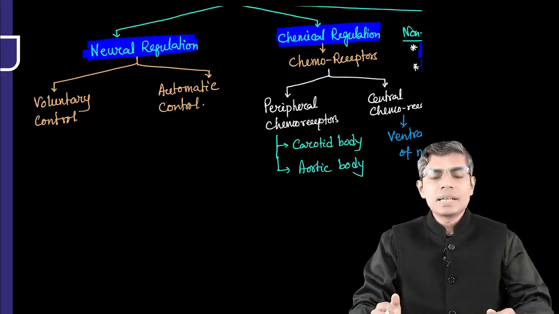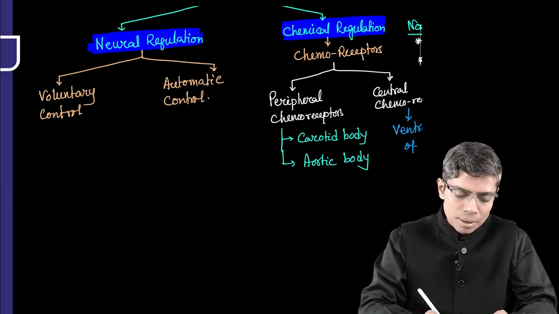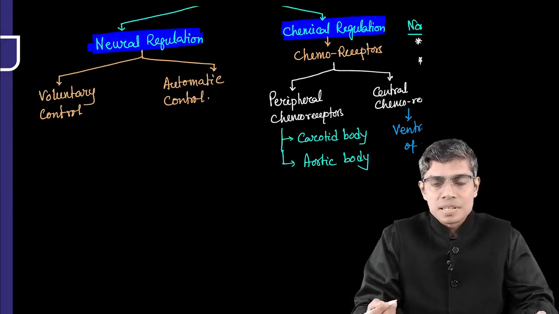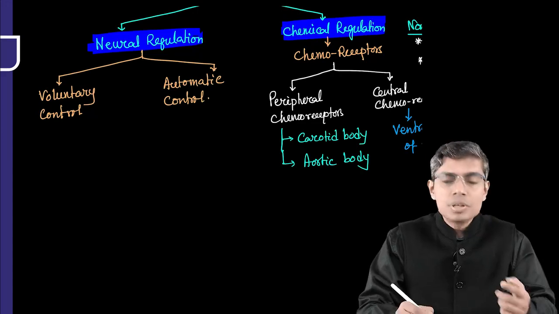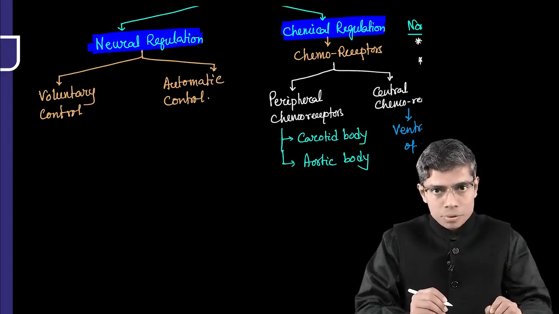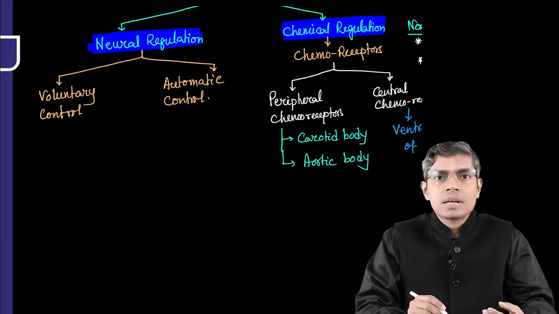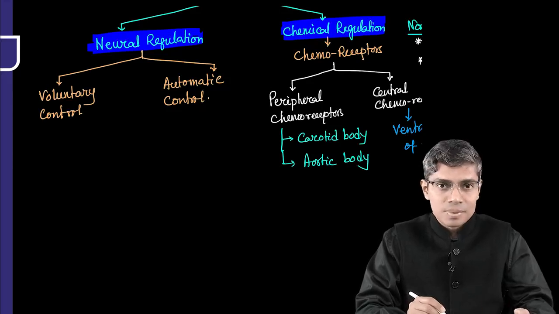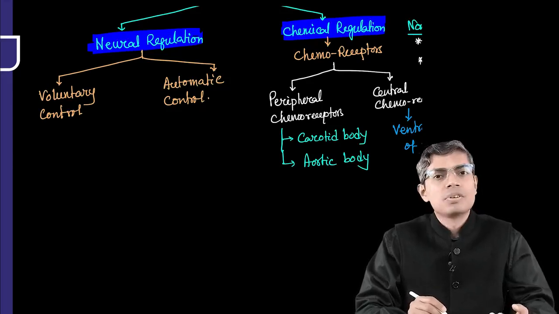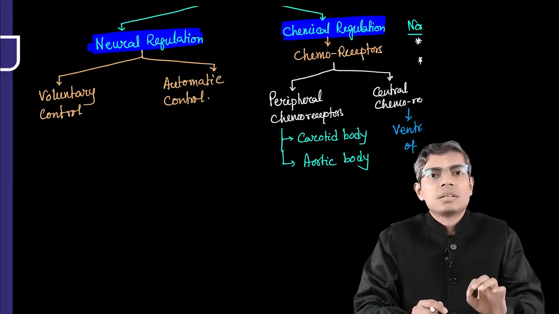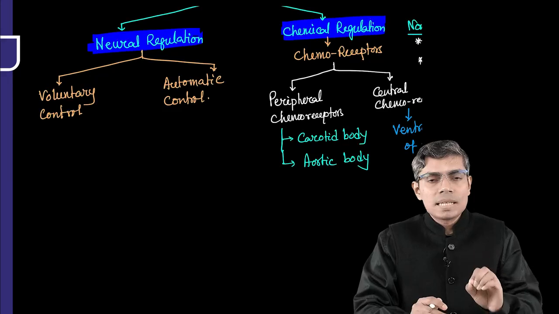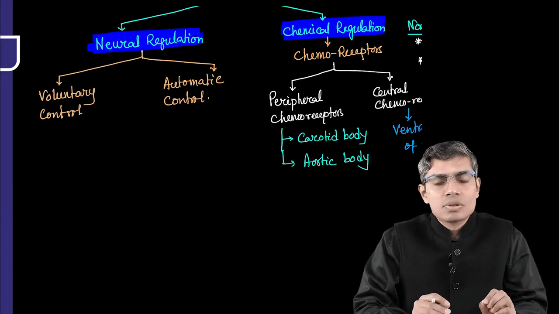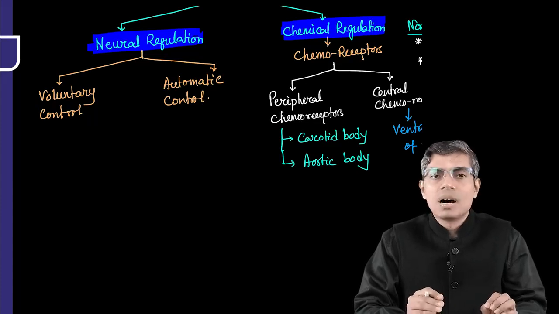Voluntary control means we can control our breathing according to our own wishes. For example, if I ask you to hold your breath for some time, could you do that? Yes. And if I ask you to stop your heart for some time, will you be able to do that? No. Why not? Because the cortex controls the respiratory center, but the cortex has no direct control on the heart.